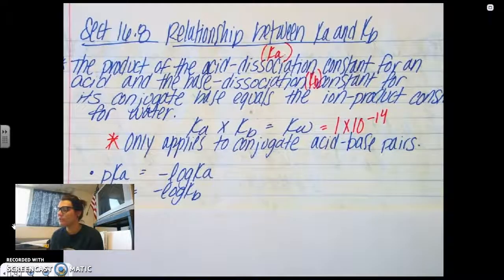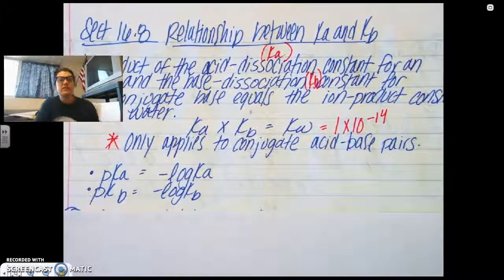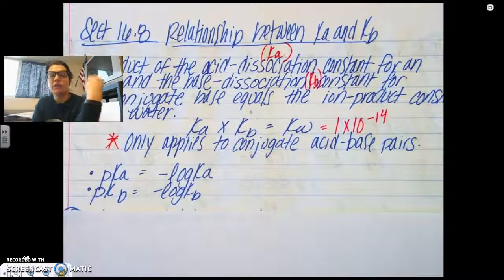Okay? And then there's two other things that we need to talk about, and that's the pKa and the pKb. So you guys did a problem where we just assumed that pKa was Ka, but that's not actually true. Okay? So the pKa is actually going to be equal to the negative log of Ka.